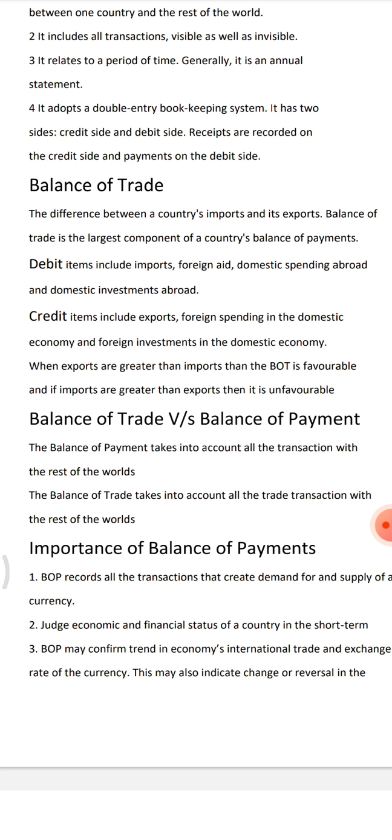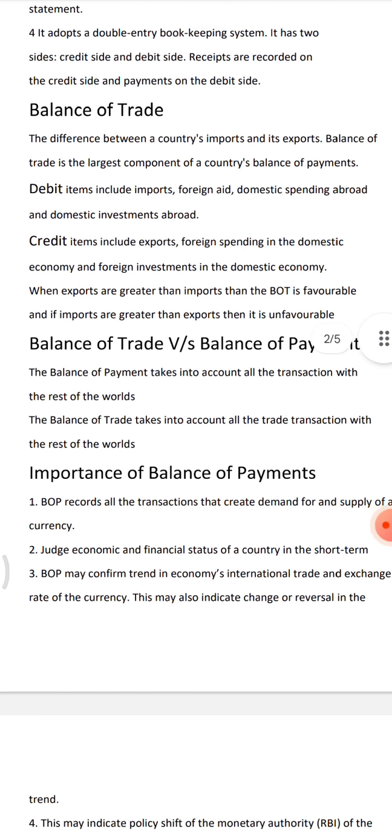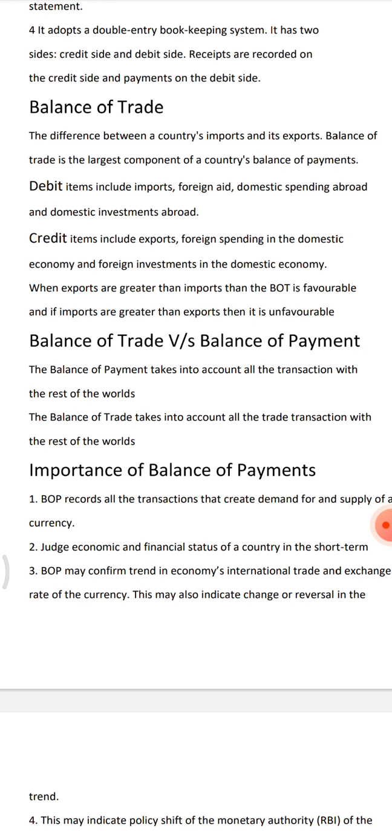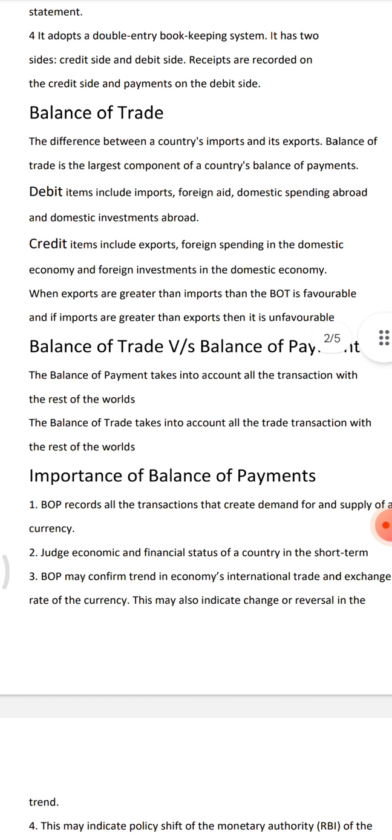There's a difference between them, so make sure you are clear about it. Surplus means it is more, deficit means it is less, and in equilibrium both are balanced and equal.